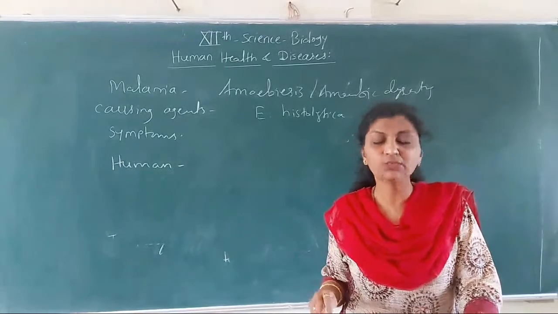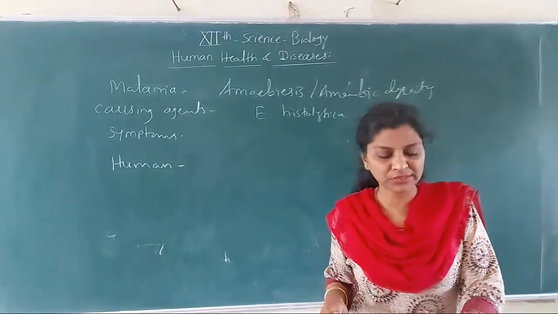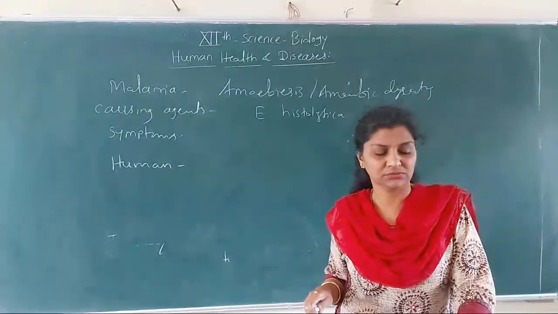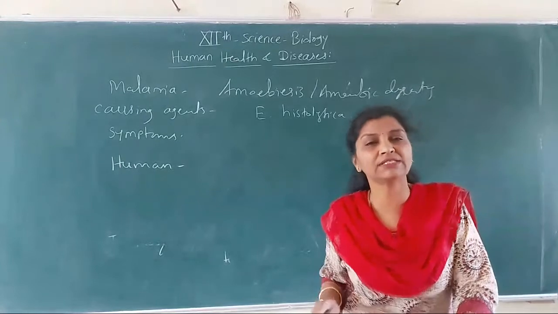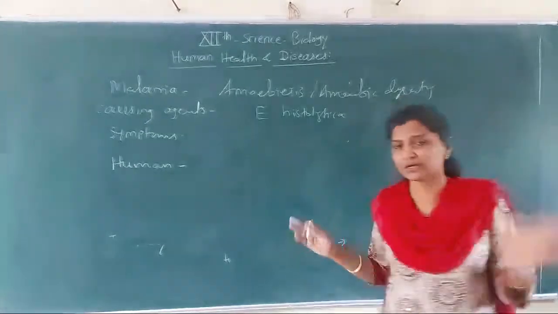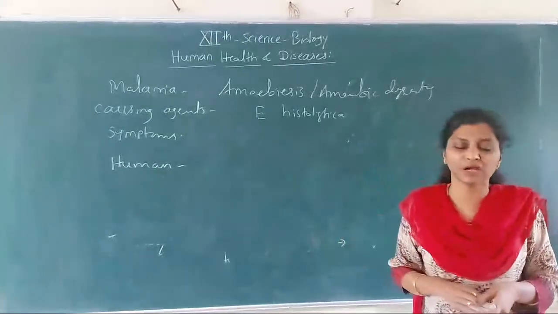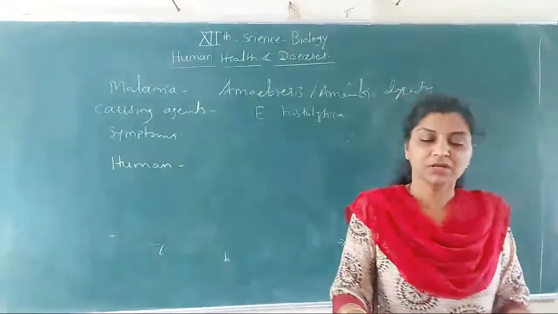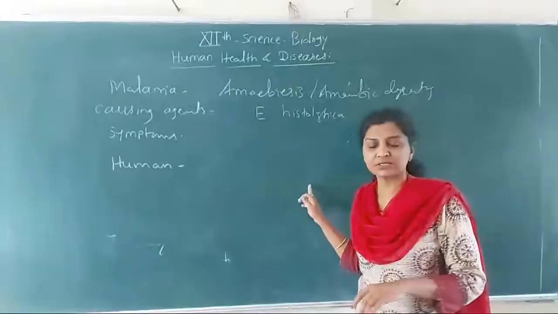Then drink boiled water or chlorinated and filtered water. And avoid eating unhygienic foods. अस्वच्छ अन्न न खाणं हे सगळे प्रिव्हेंटिंग किंवा कंट्रोल मेजर्स आहेत amoebiasis. So that is the amoebiasis.